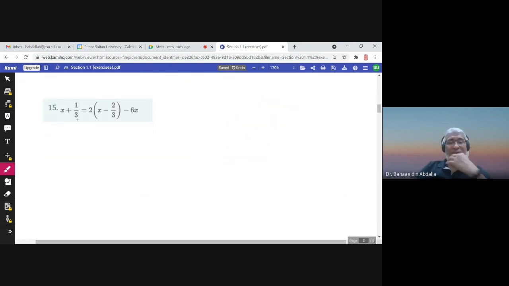Here I have 3 and 3 in the denominators, the same number. So the LCD in this case is 3, and I need to multiply 3 by the left hand side to remove the denominators, and 3 times the right hand side.